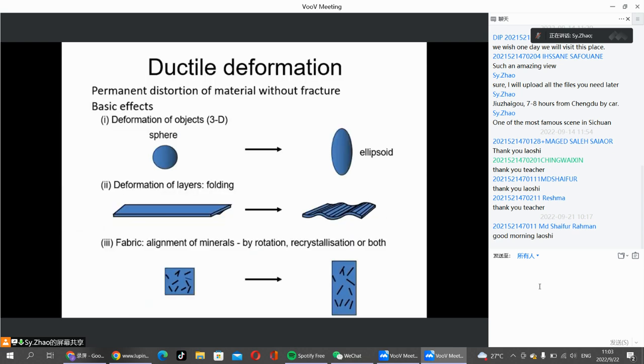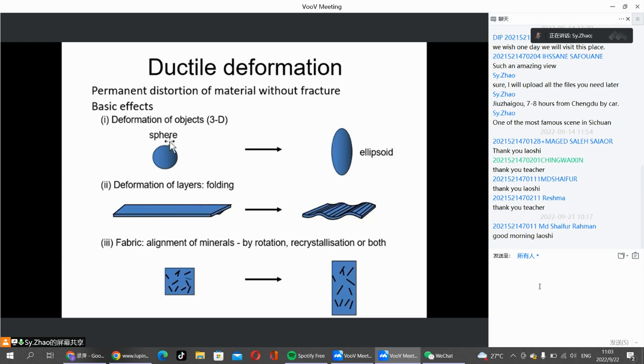The ductile deformation is a permanent distortion of material without fractures, and this is the biggest difference from a fault. And three basic effects were proposed.